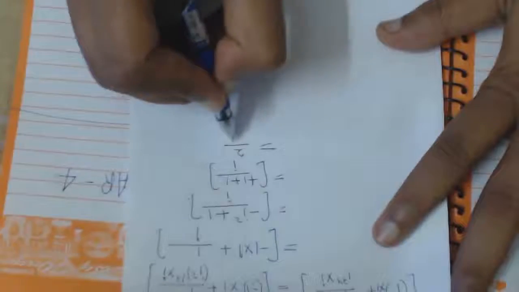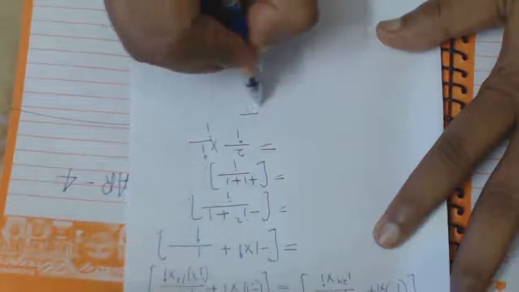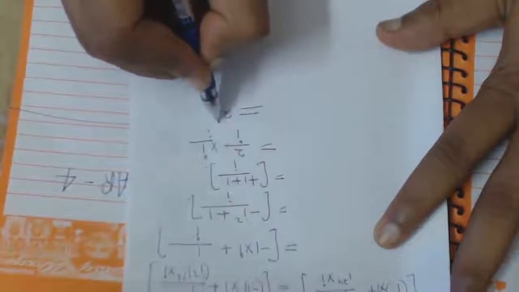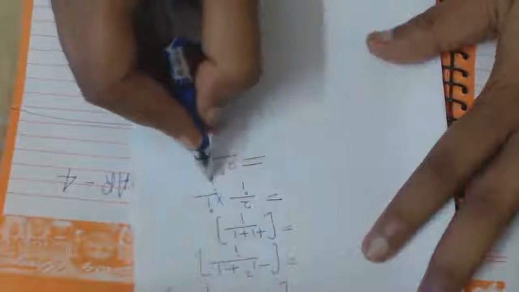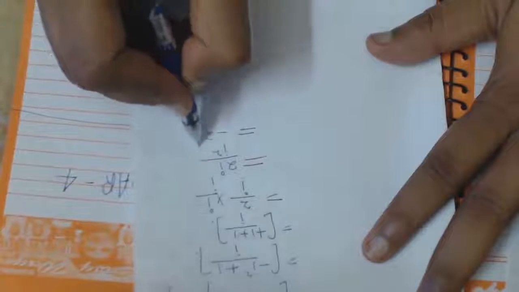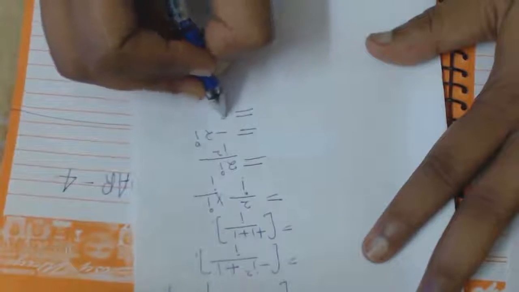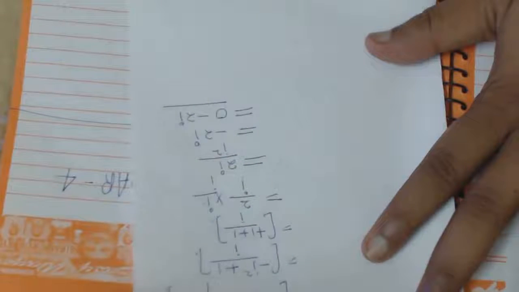This is 2 upon iota. When I multiply it by iota, 2 multiplied by iota gives you 2 iota, and iota multiplied by iota gives you iota square. The answer is minus 2 iota. What about the standard form? Standard form is 0 minus 2 iota.